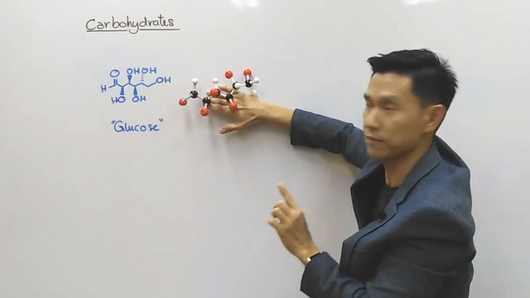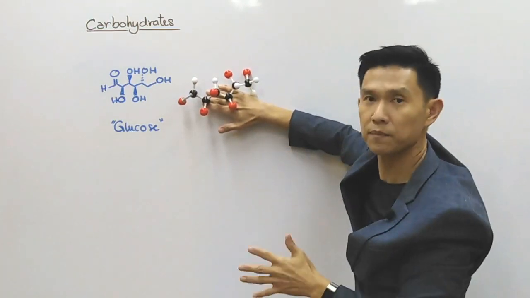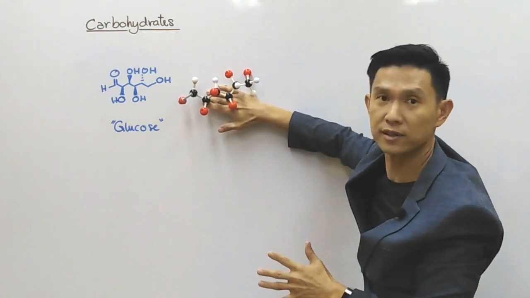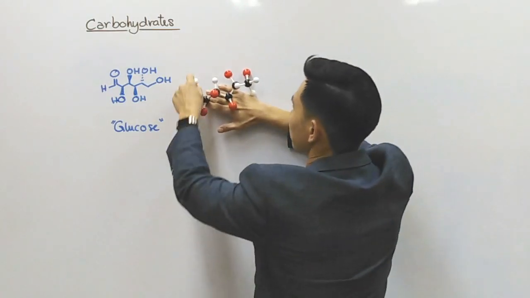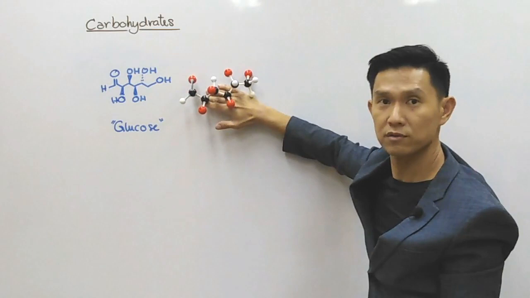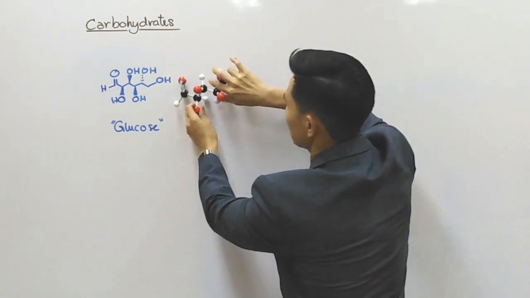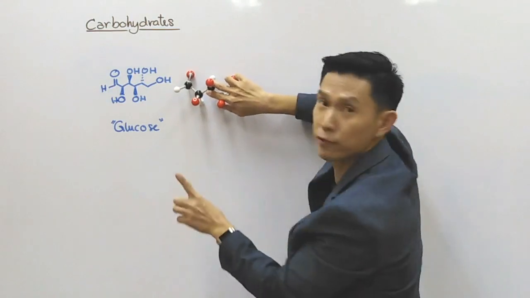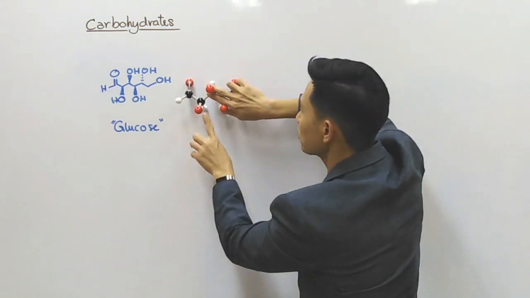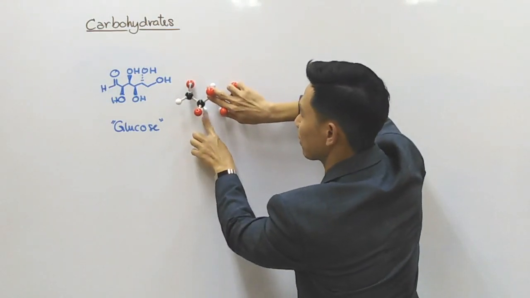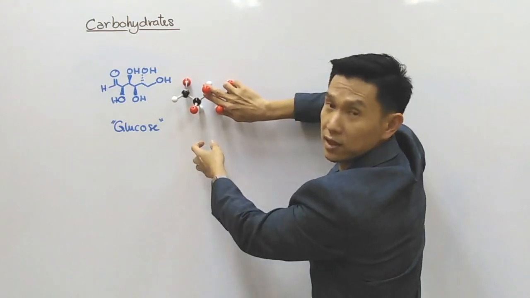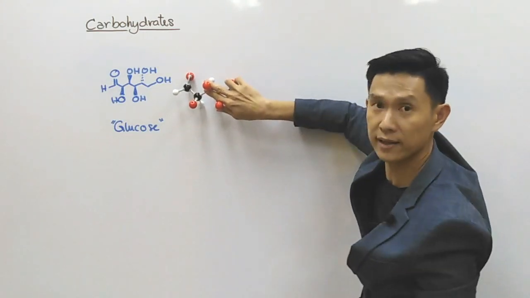It's exactly the same because this is a trigonal planar structure, right? So there is no three-dimensional structure at that first carbon. The second carbon, OH, is pointing up front. If you want to point this O down here, you have to break the bond and swap the place with the hydrogen atom.